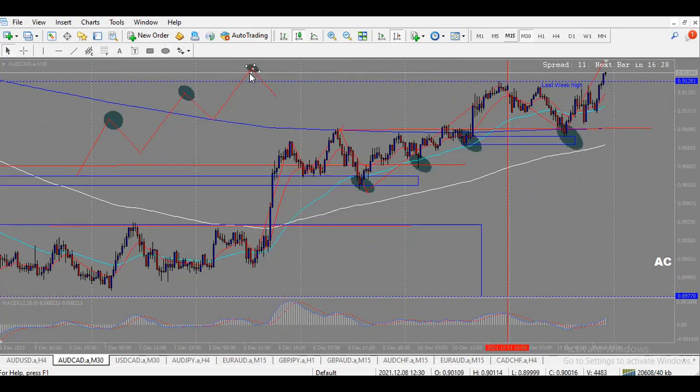So for the flip zone idea that we're talking about, we're just trying to simplify this. You'll notice that this is the resistance, correct? This is picture perfect, but it will not always be this picture perfect. When price gets here, like it did here, look at this area. It stalled, then it came down, right?